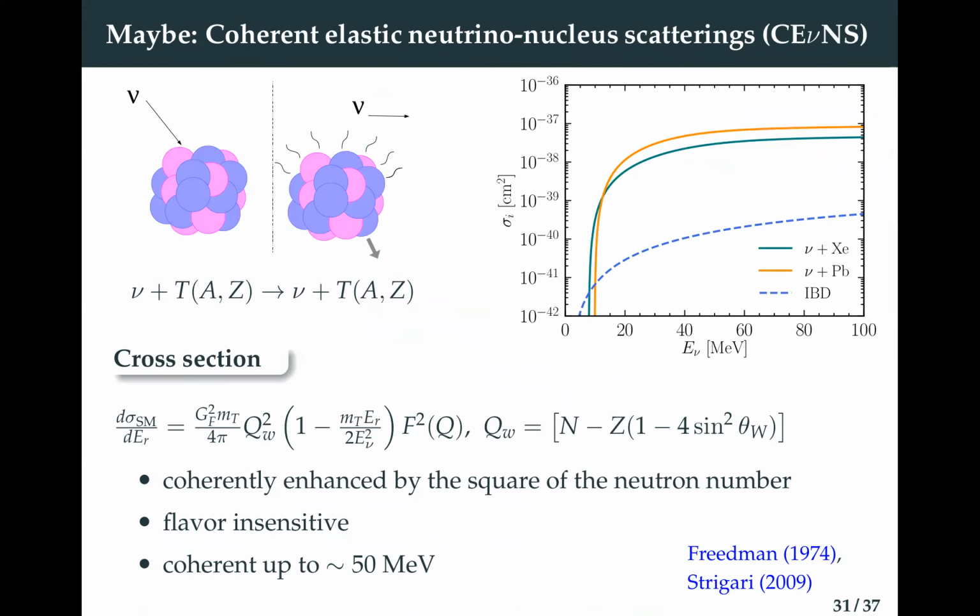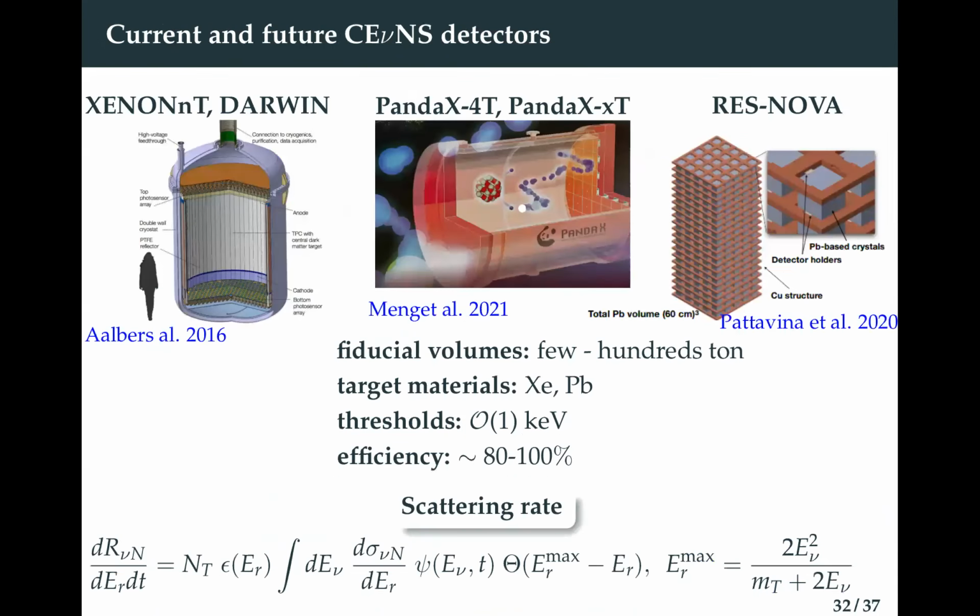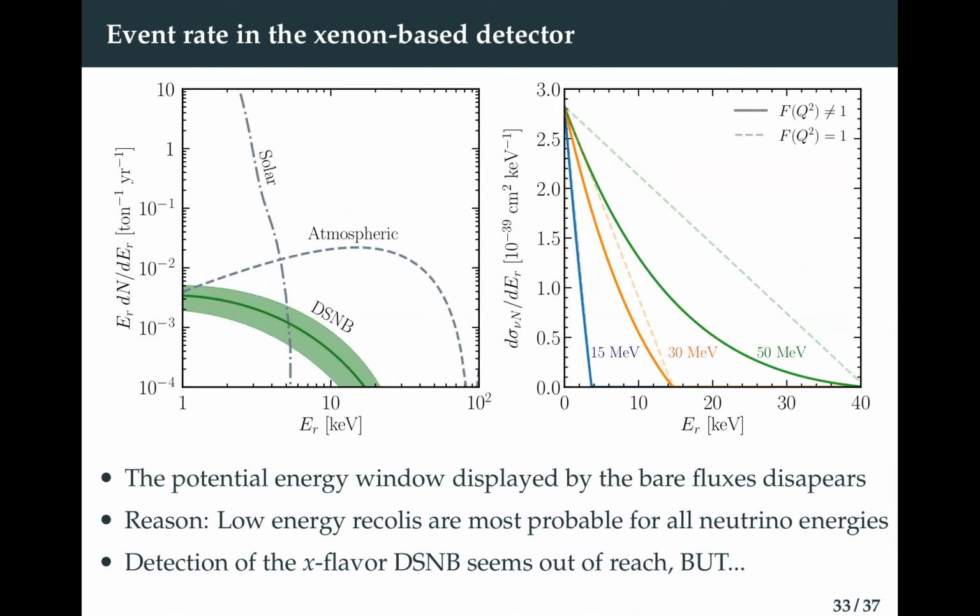So when I then use the cross section, if I look at the differential cross section with higher energy neutrinos, I can produce higher energy recoil, but the highest probability is still to produce low energy recoil. So all those high energy neutrinos from atmospheric neutrinos produce a lot of low energy recoils as well, so much that they can bury the DSNB underneath.